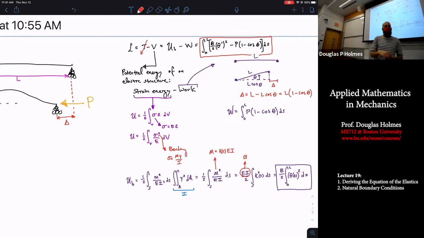So with that, unless there's any questions in the moment, I'm going to split you off into breakout groups and have you start calculating this thing out and see if we can practice our variational skills and identify the equation of the elastic curve. We're looking for the equation that minimizes that energy and would describe the curve.